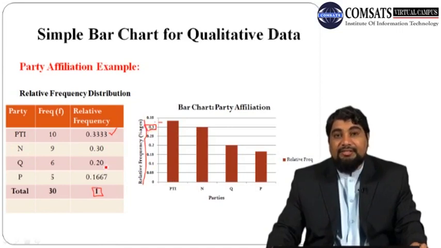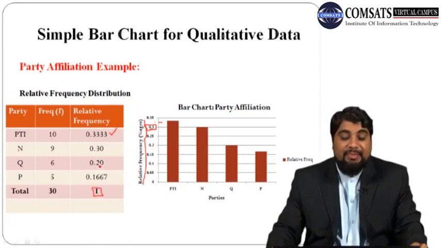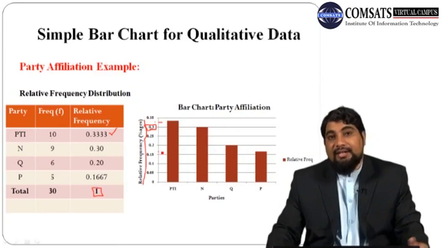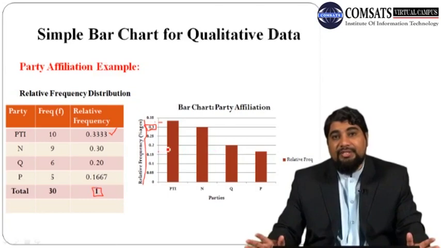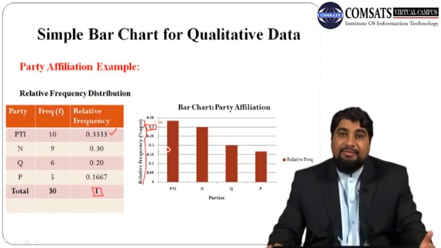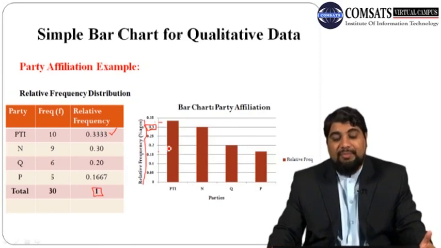Next is 0.20 for PMLQ, so its height is 0.2, and next is 0.1667 for PPP, so it is slightly higher than 0.15. So that's it. The procedure is the same, only the y-axis has been replaced with the relative frequencies instead of simple frequencies.